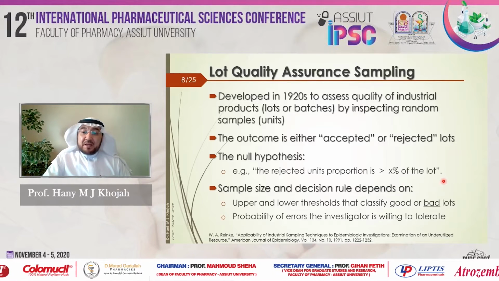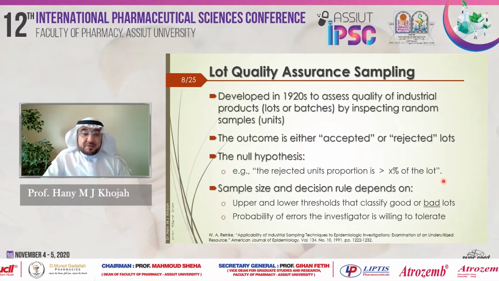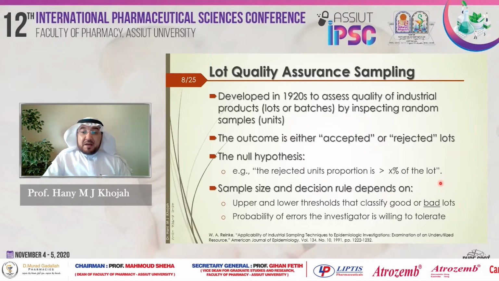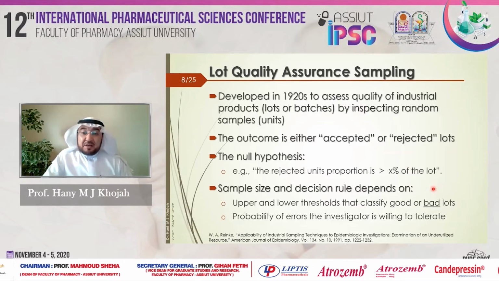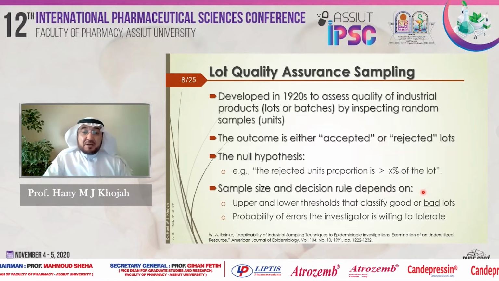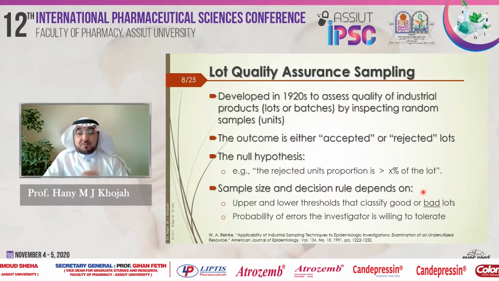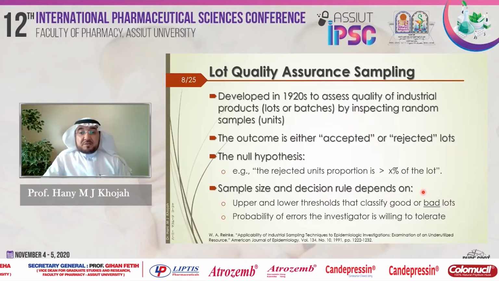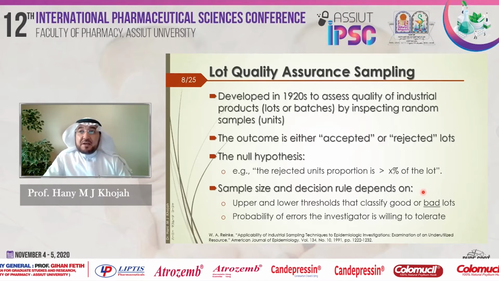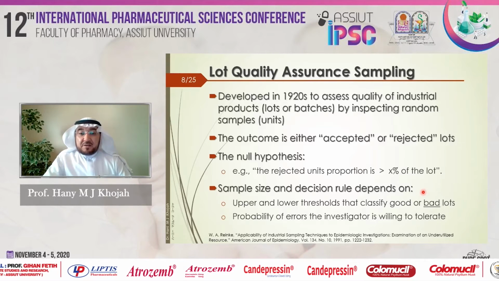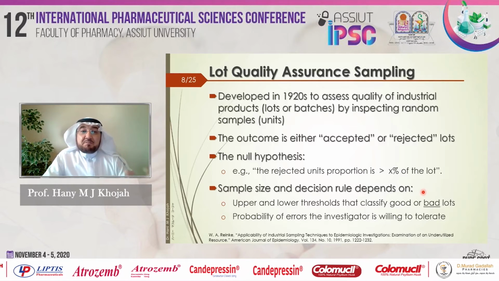And the formula of LQAS then will tell me about the sample size and the decision rule. I'm going to mention this. But these calculations are based on the definition of the upper and lower thresholds that classify good or bad lots or good or bad products. So for example, the manufacturer here can tolerate, let's say, 20% of bad products.